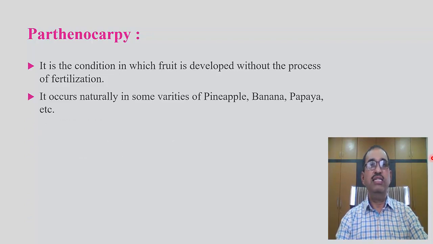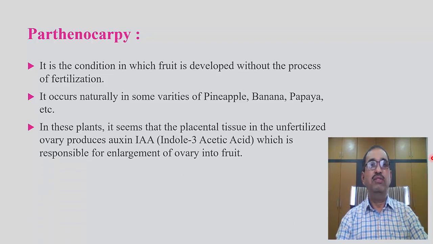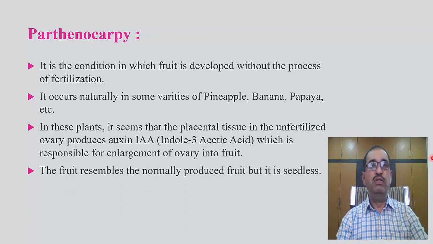It occurs naturally in some varieties of pineapple, banana, papaya, etc. In these plants, it seems that the placental tissue of the unfertilized ovary produces auxin IAA, indole acetic acid, which is responsible for enlargement of ovary into fruit. The fruit resembles the normally produced fruit, but these are seedless.